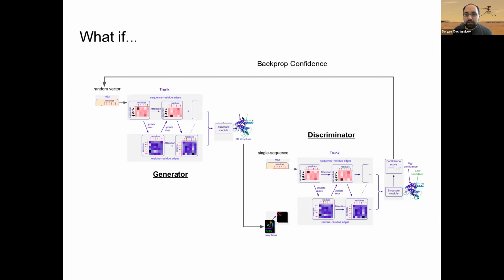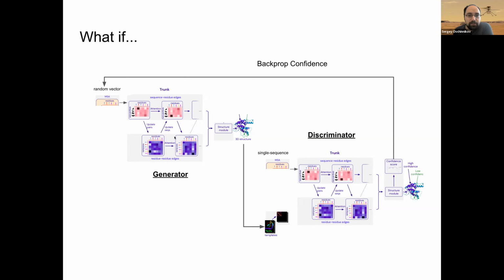And now we could take the structure and potentially feed it into another instance of AlphaFold as a template, and then you can get your confidence and backpropagate that signal, update this random vector, and just keep looping this around. And so we were kind of curious, would something like this work? Could we actually use an instance of AlphaFold as a generator and another instance of AlphaFold as a discriminator?